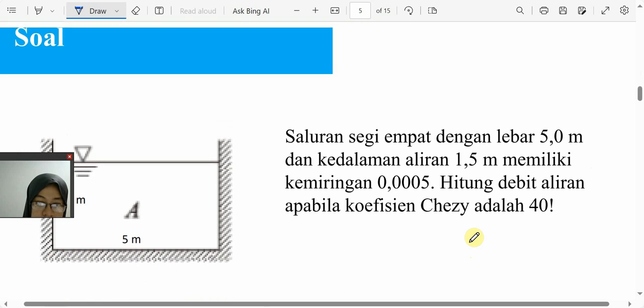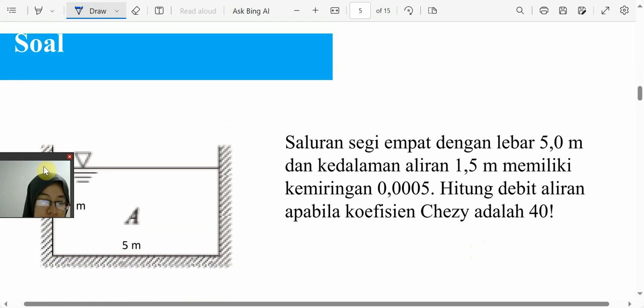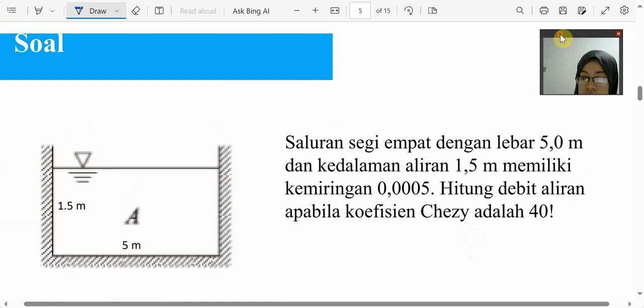Okay, let's look at an example. There is a rectangular open channel. This channel has a bed, or bottom, of 5 meters, and we can use the symbol B for the bottom or bed.